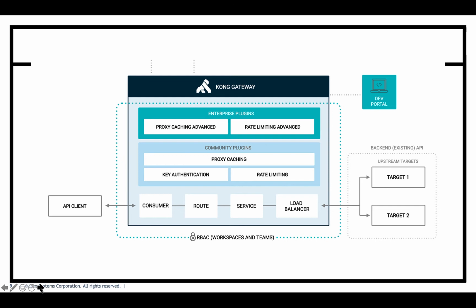And these can be either on premises or in the cloud. The gateway has a number of great features, including plugins that allow you to do all kinds of things like security, rate limiting, and it allows you to create routes, and you could use it as a load balancer.